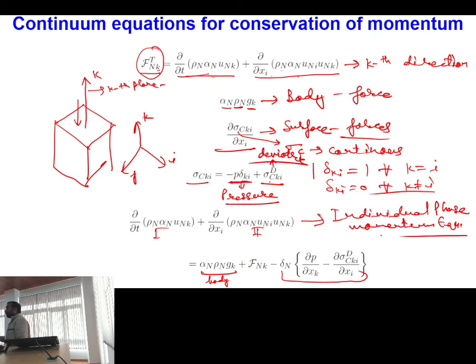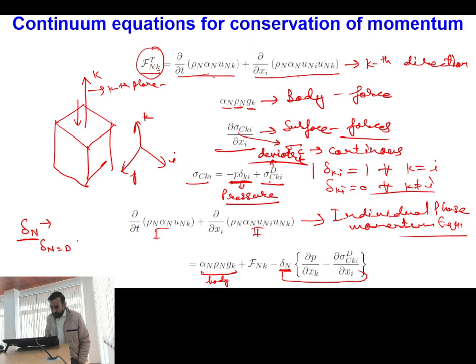Whenever I talk about the individual phase momentum equation, the surface forces should become active if and only if I am considering that particular phase. That's why I have used the Kronecker delta operator with subscript n. The meaning is, if I am talking about the dispersed phase D, then when n is equal to D, only then will this be equal to 1.